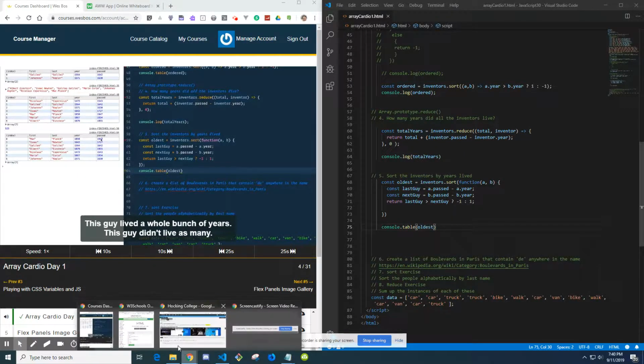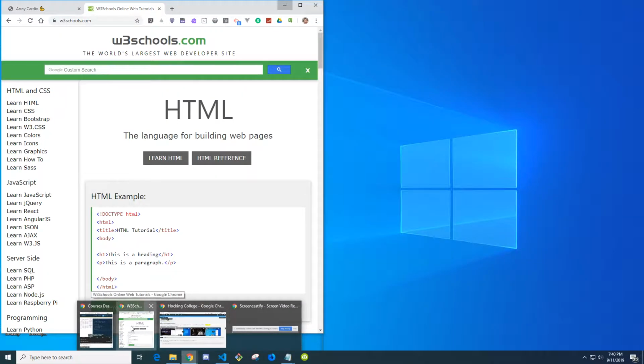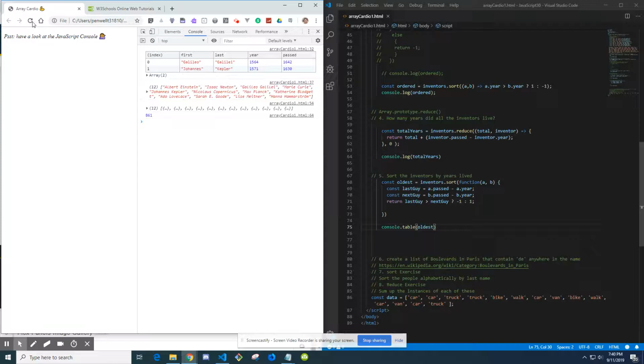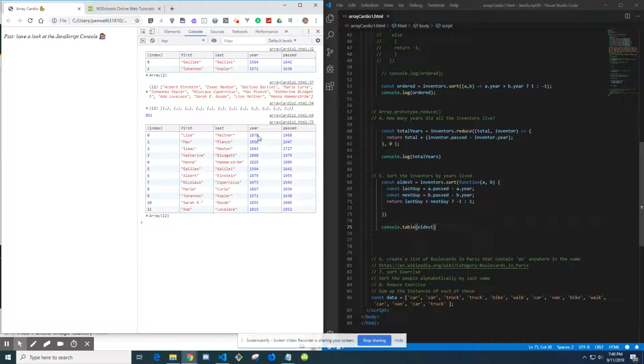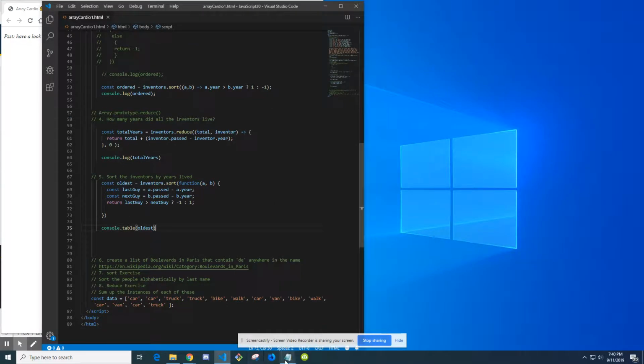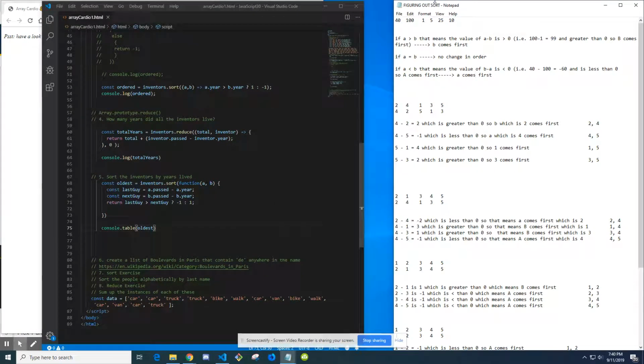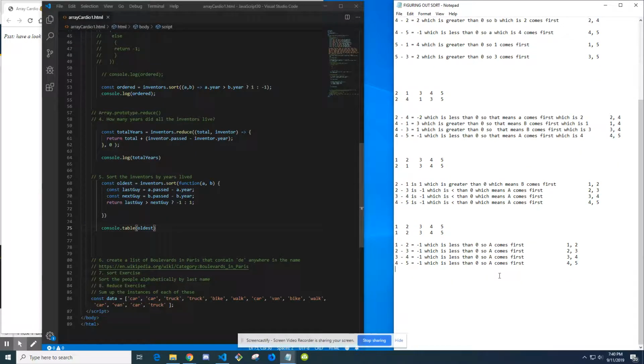So let's pull that up. And there it is. Okay, so let's dive into that just a little bit more. I'm just going to go down here.